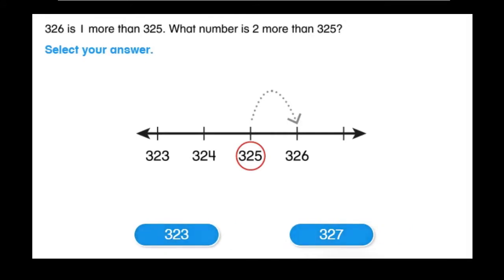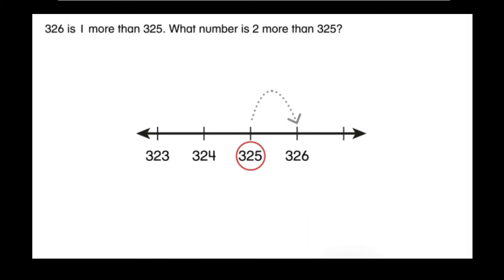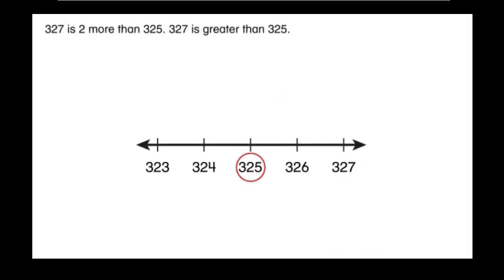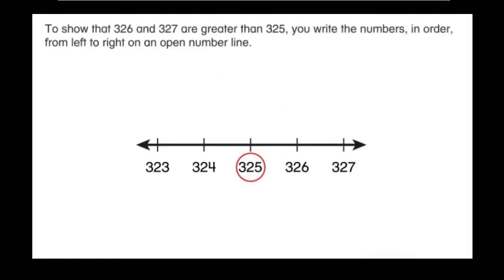Select your answer. $327 is 2 more than 325. 327 is greater than 325. To show that 326 and 327 are greater than 325, you write the numbers in order from left to right on an open number line.